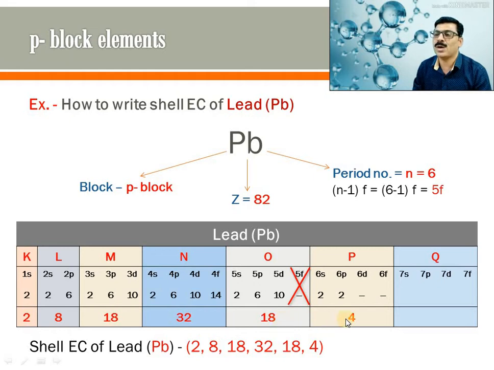So 4 electrons are remaining, and these 4 electrons are present in the P shell. The P shell contains the 6s orbital, which contains 2 electrons, then the 6p orbital contains 2 electrons, so the total is 4 electrons. So the P shell contains 4 electrons, and the shell electronic configuration of lead is 2, 8, 18, 32, 18 and 4.